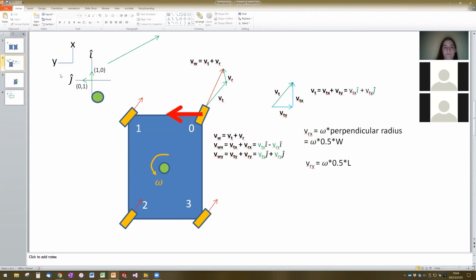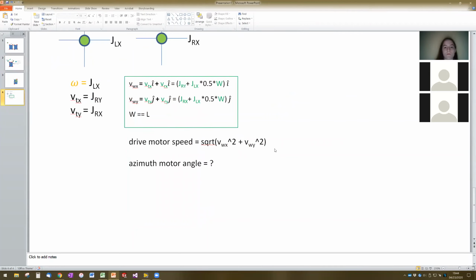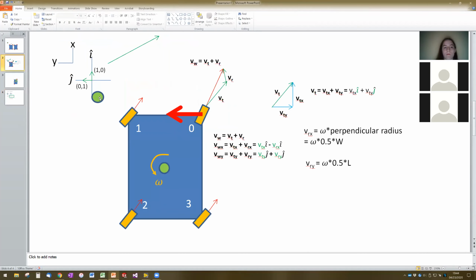SOHCAHTOA, okay. Yeah, TOA. Can you remind us what TOA is? Tangent. Tangent. There we go. So specifically, we can do the inverse tangent of the y component over the x component in order to get the angle. So that everyone can get on the same page here.